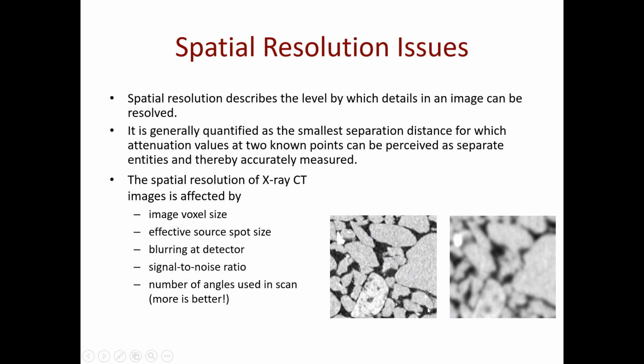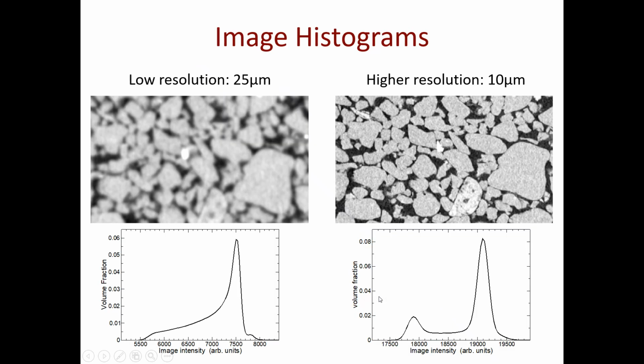Okay, so you can actually see the difference. This is basically the low number of angles used to recover the image. So there is more blurring resulting if you don't have enough information. And you can see that in histograms. So when you get a histogram that looks like this, they're still sort of the same, and our eyes tend to see the same. But our eyes are much more tolerant than the numbers actually are, right?